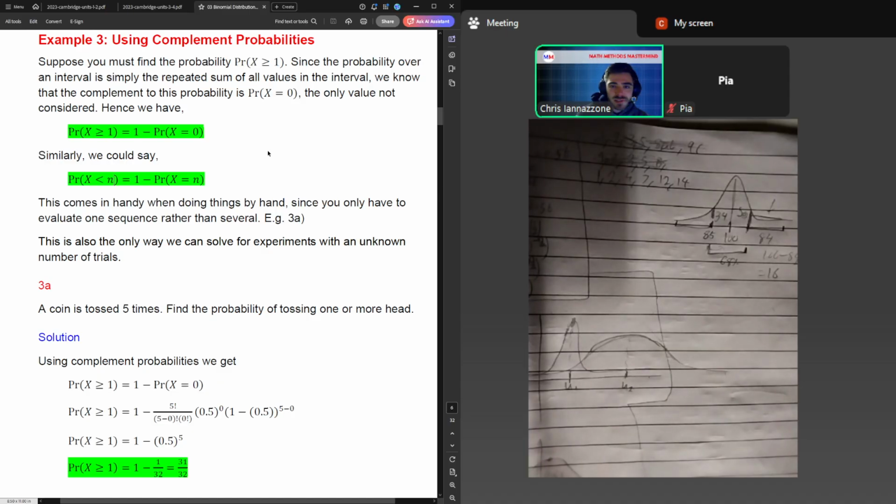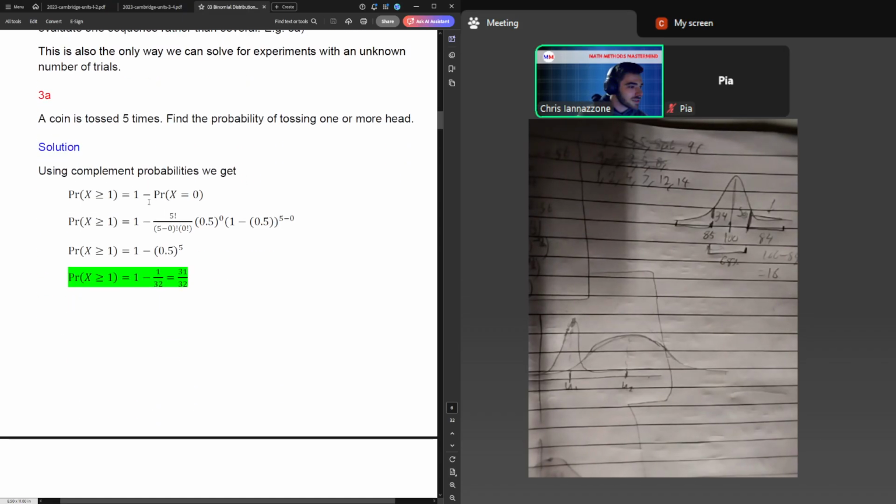Tech active, you're fine because you can get around it, but there are more efficient ways than just guessing and checking your way through it. So let's see. Tech free, coin toss of 5 times, 1 or more heads. You don't really want to be doing x equals 1, 2, 3, 4, 5. You'd much rather flip that to the complement probabilities approach and go from there. That's cool so far?